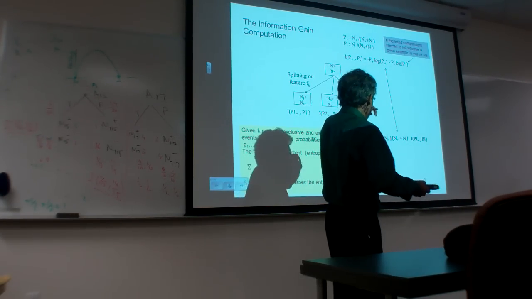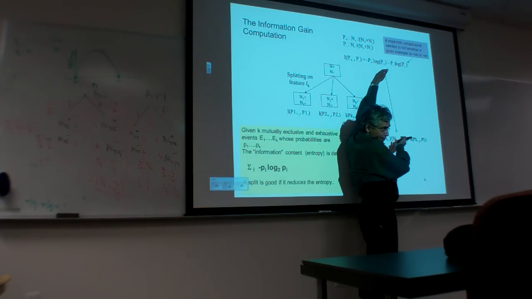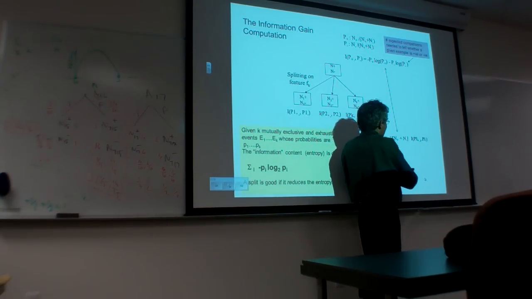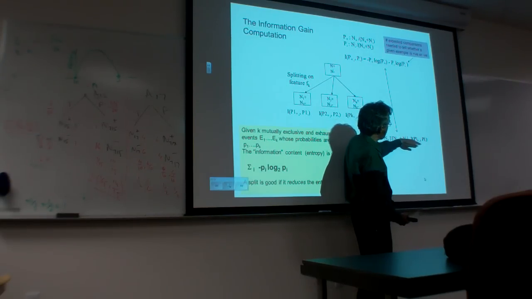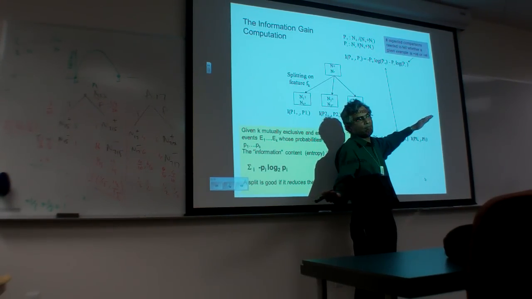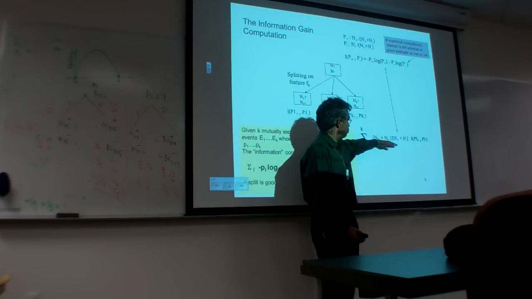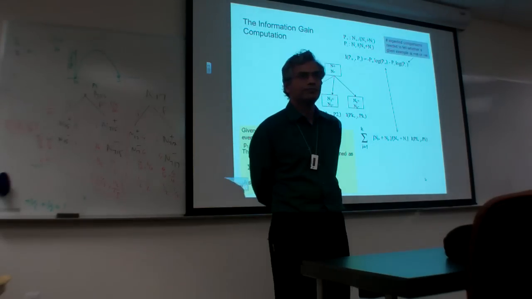So you can either look for the attribute that has the biggest difference here, or equivalently, you can pick the attribute which has the least amount of work left. That means the smallest value left here. If it is close to 0, then you are done. And they're equivalent, basically. So normally we just look at this and pick the one that has the lowest expected entropy left.